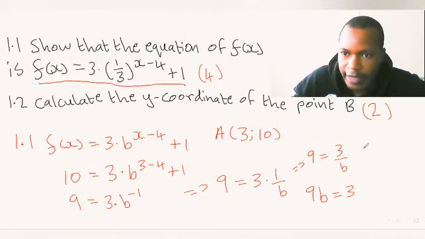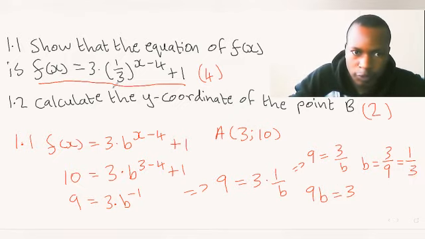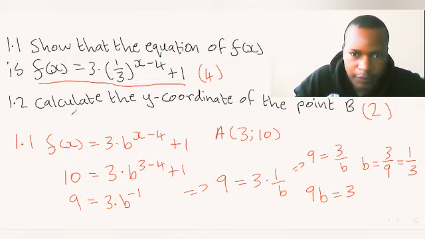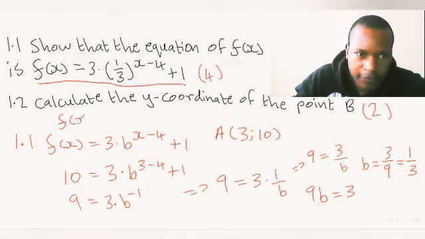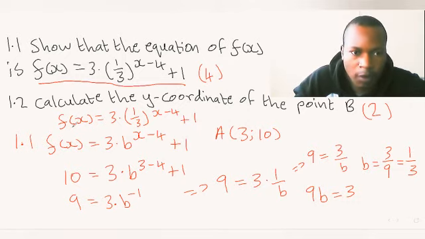So we would end up with b equals 3 divided by 9, which of course equals 1 divided by 3. To solve, we can then sub in the b. So that would be f of x equals 3 multiplied by 1 divided by 3 to the power x minus 4 plus 1, which is what we were asked to prove or to show.